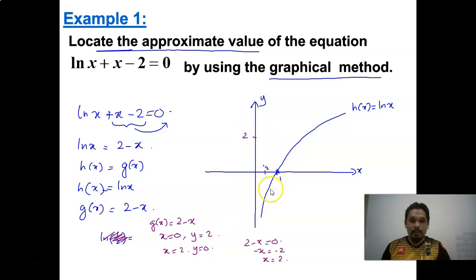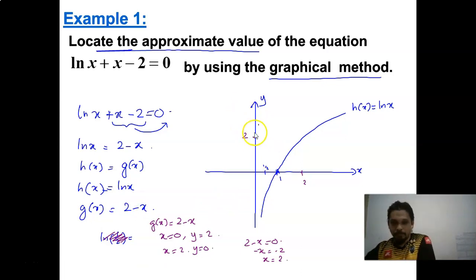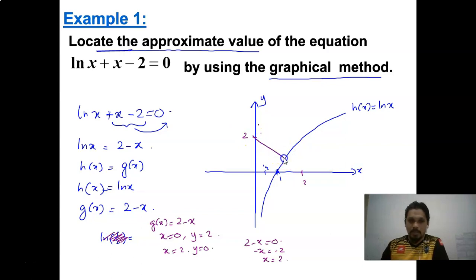And when x equal to 2, y equal to 0. Something like this.